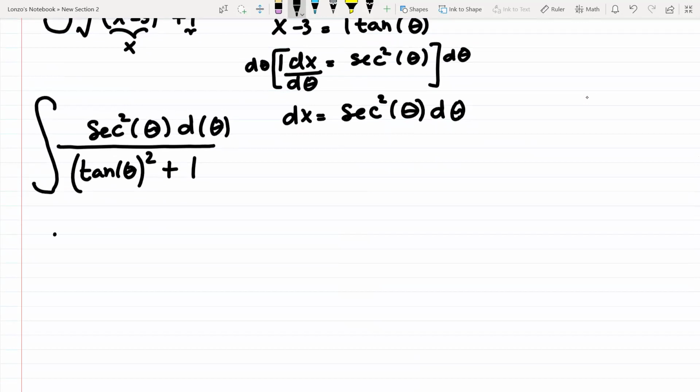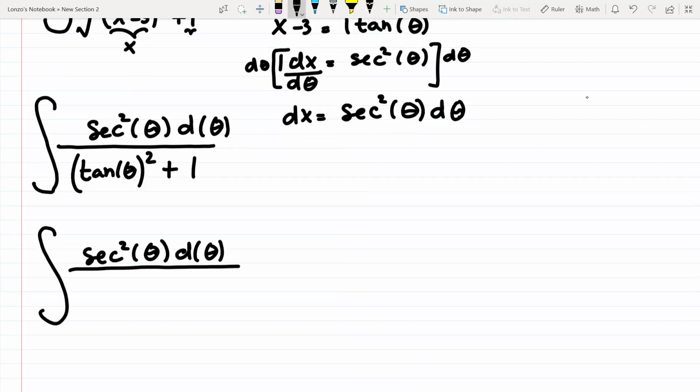So this would be secant square theta d theta over tan square theta plus 1. Okay, so are there any identities you can use?